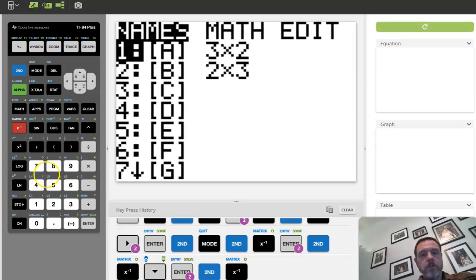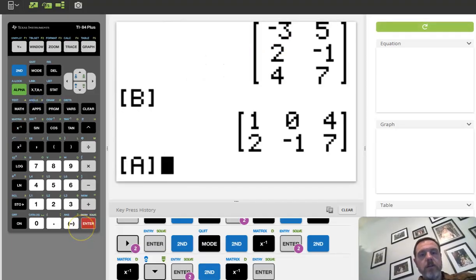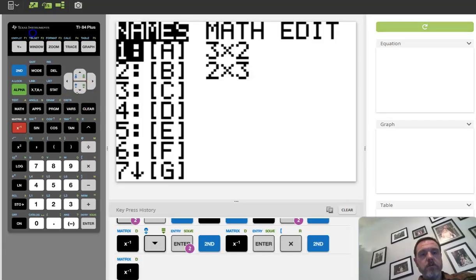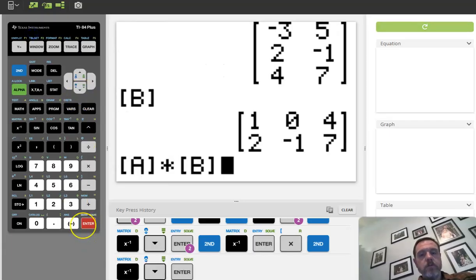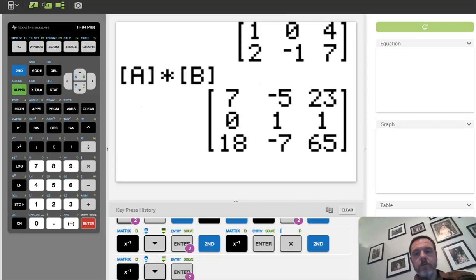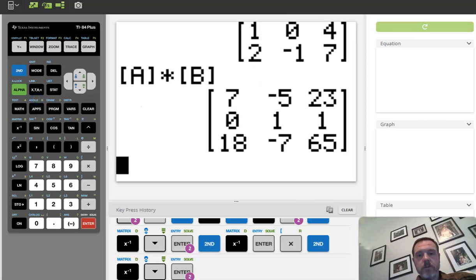This is not the A on the previous problems, but I just used matrix A in the calculator. Matrix A times matrix B, number 2, and hit enter. That should hopefully be the same numbers we got in our work.